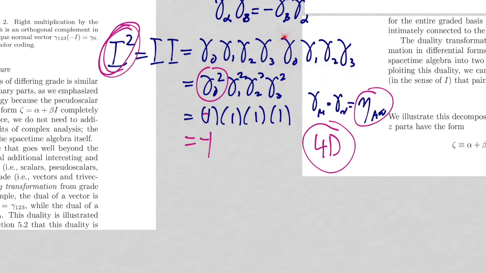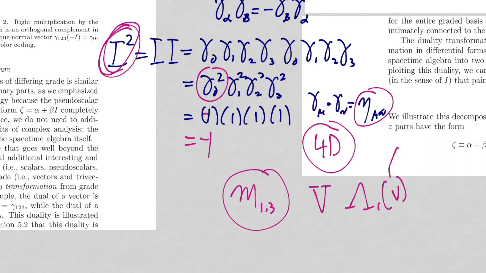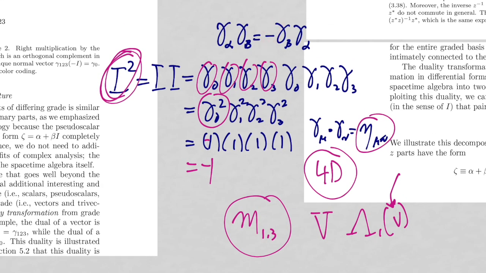What matters is the total number of basis vectors you have, which depends on, in our case, we're using M13, but it depends on the underlying vector space that establishes your grade 1 section. Whatever the dimensionality of that vector space is, that's the number of basis vectors you're going to be playing with. And that number of basis vectors determines how many flips you need and whether this final sign will end up positive or negative.